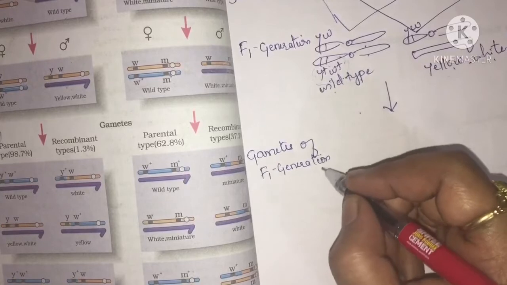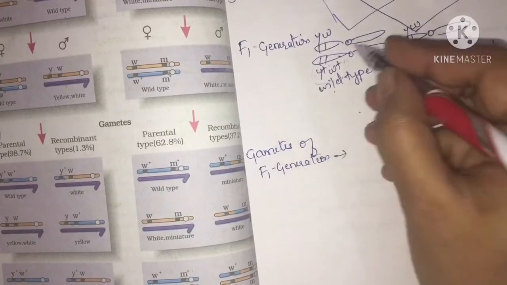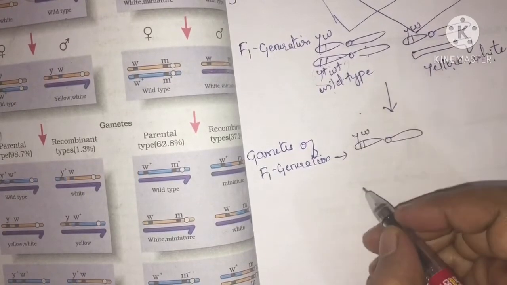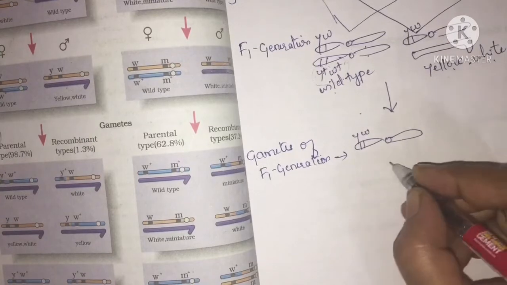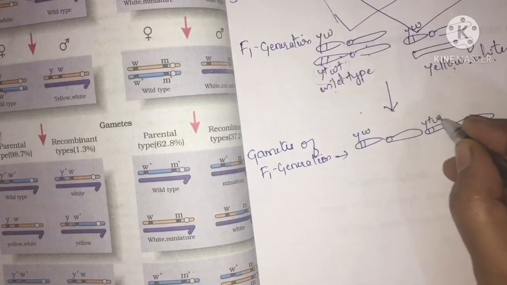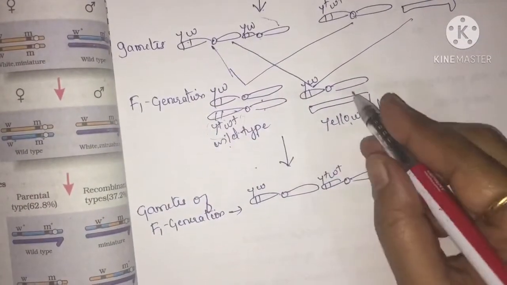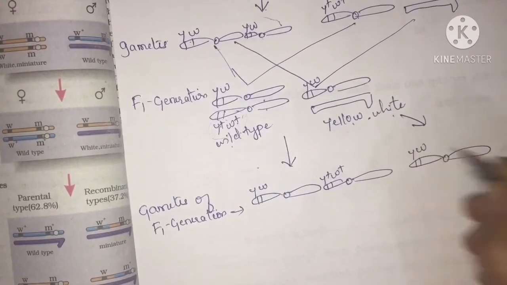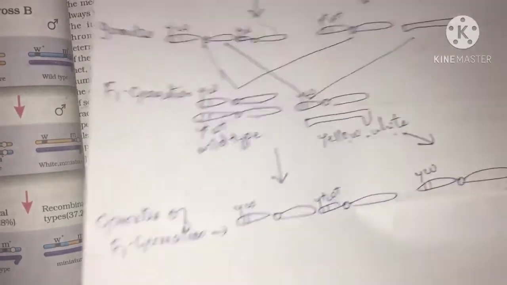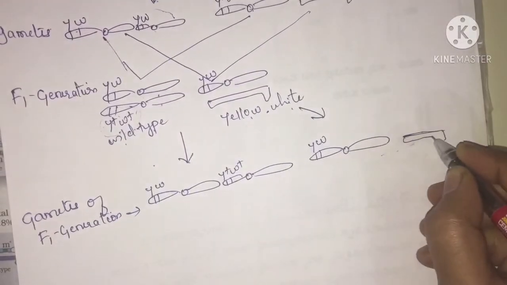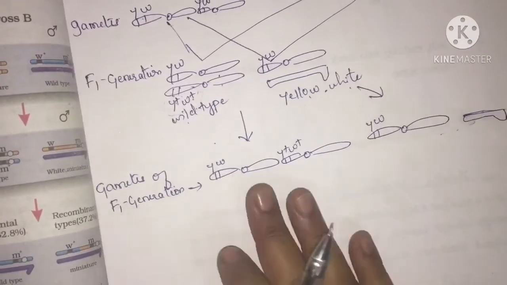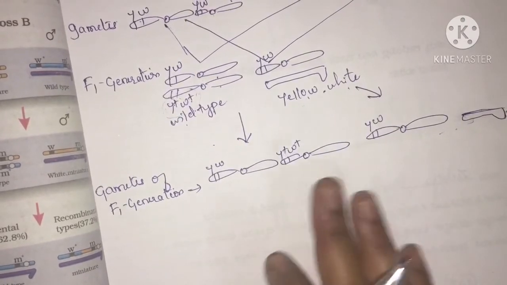In the gametes of the F1 generation, what will you get? I'll show it like this: yw, and another one is something like this, y+ w+, right? Here we have its gametes. One is yw, and the next one is yellow, this one male, a Y chromosome.